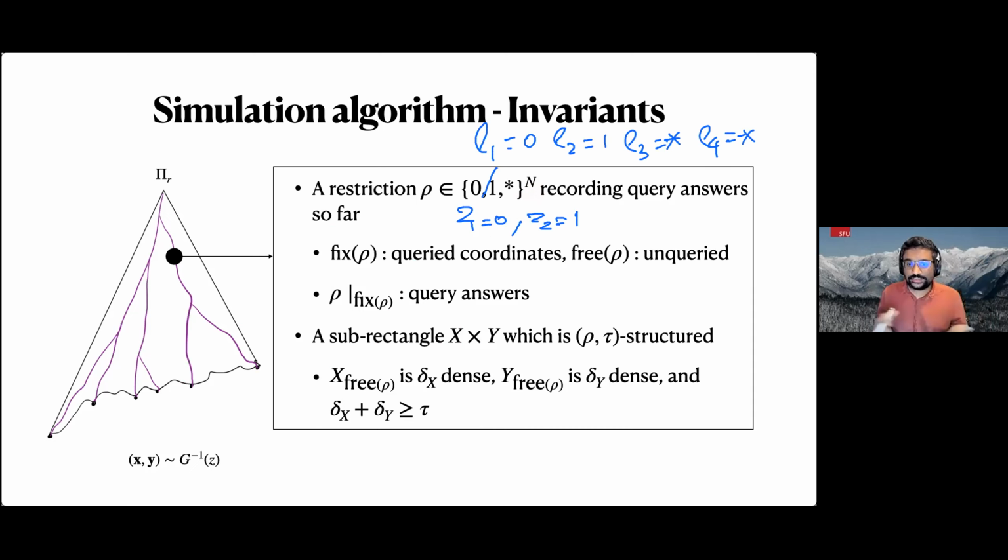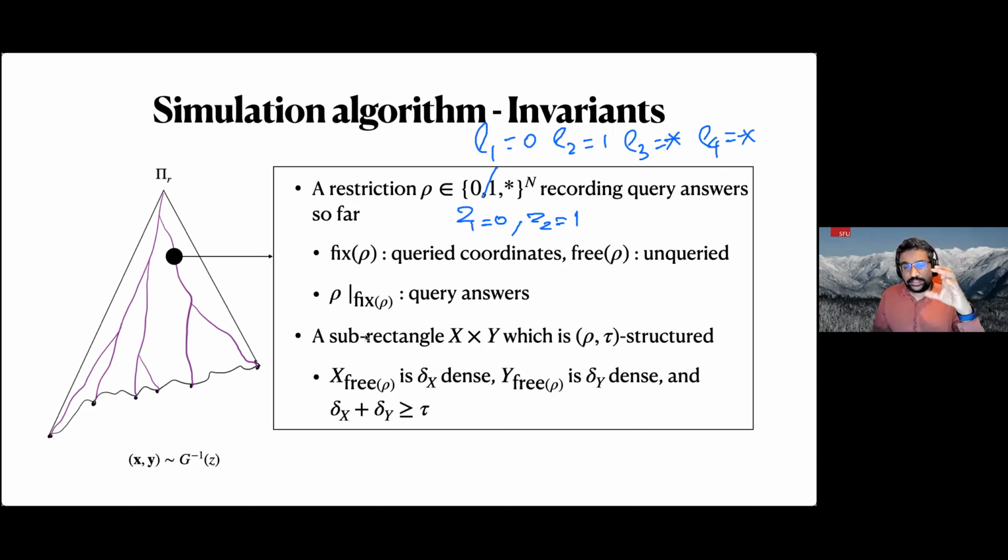So by looking at this restriction, the fixed coordinates tell us which coordinates were queried and what the query answers were, and the free coordinates are the unqueried ones. If you project rho to the fixed part, those are the query answers.